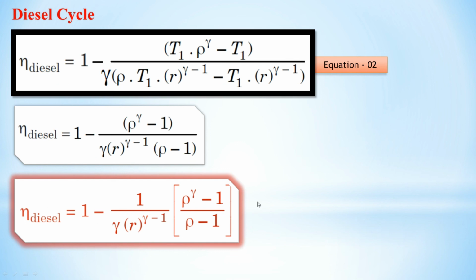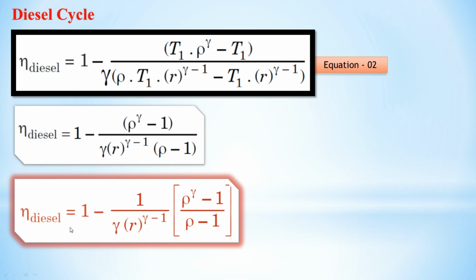In this equation of efficiency for diesel cycle, this is the common term for Otto cycle and diesel cycle. We have already derived this equation: Otto cycle efficiency equal to 1 minus 1 upon R raised to gamma minus 1. The additional term is 1 upon gamma into bracket rho raised to gamma minus 1 upon rho minus 1 because of the cutoff ratio.